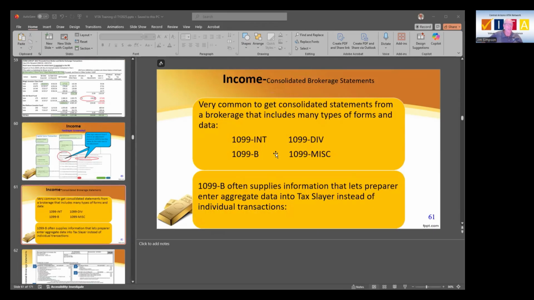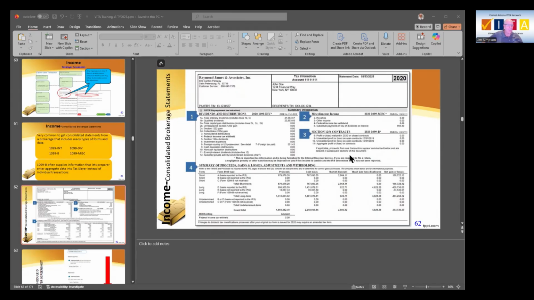Okay. As I had told you earlier, when we first looked at 1099 interest and dividend, you often get a combined statement that combines all of these into one, especially if it's all at one brokerage firm. So here's an example. Here they did dividends. Here they did miscellaneous income. See, 2020 1099 miscellaneous. These would be out of scope anyway.